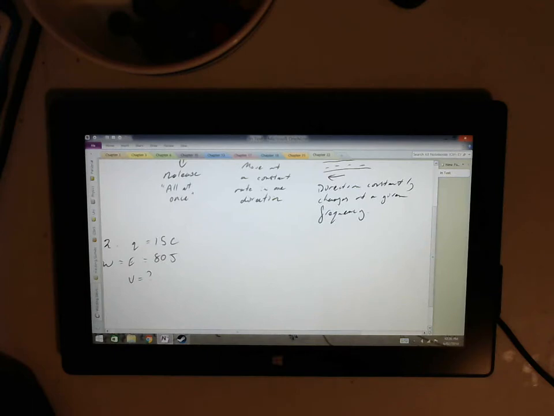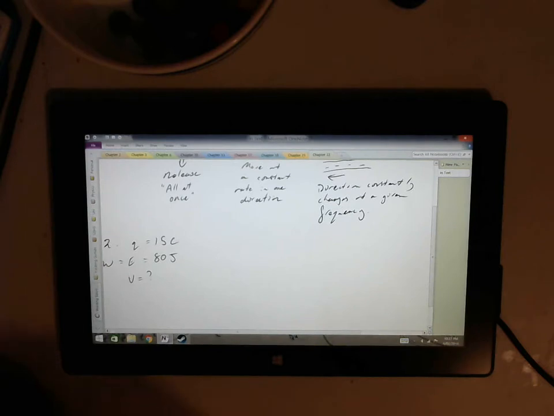Okay, so the voltage, remember, is the push. How strong are we actually going to push it? And we want to know, if I need to give it this much work, this much energy, and I've got this many charges, how much do I actually have to put in?